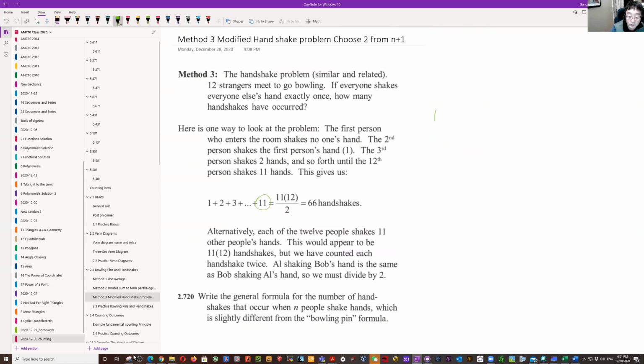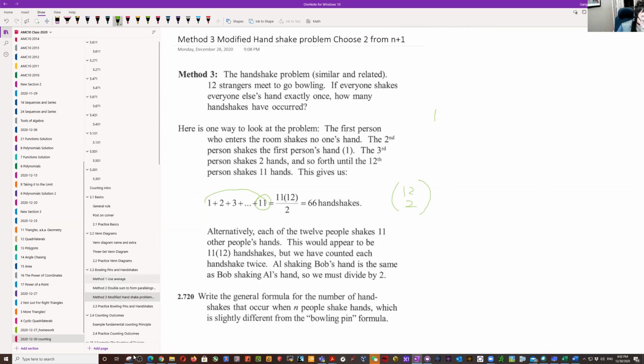So basically, it is 1 added up to 11, equals 11 multiplied by 12 divided by 2. This is actually 12 choose 2, because among 12 persons, you choose any 2-person group to make a handshaking effort. So that is statistically equivalent.